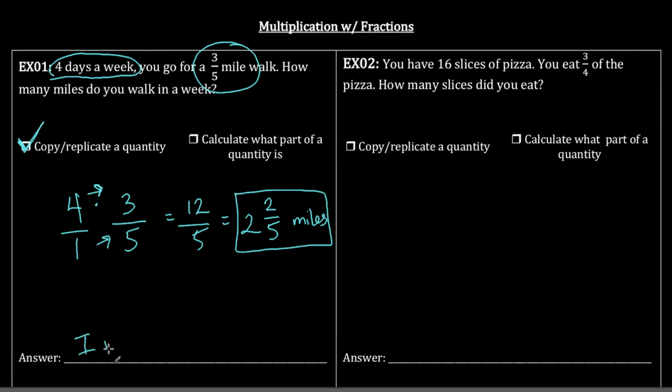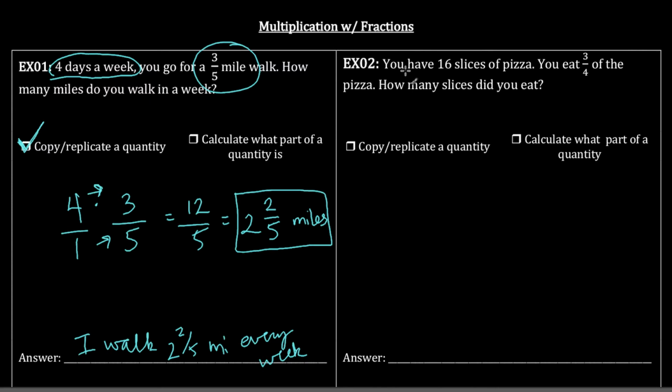I walk 2 2/5 miles every week. Remember that you have to provide a reason in your work. In this one, we're copying the 3/5 miles 4 times a week.